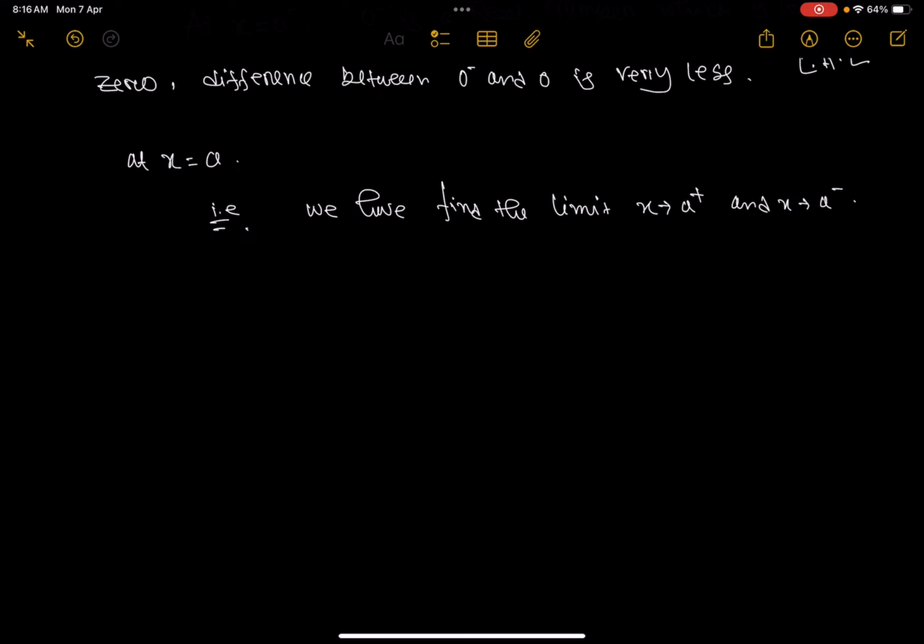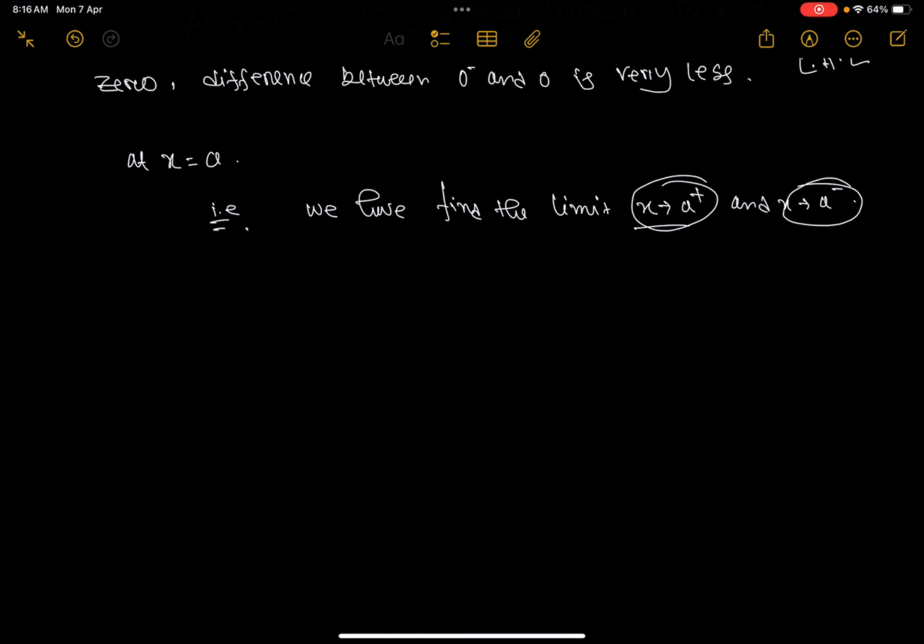This is x tends to A. This is not exactly A. It means x is not equal to A, but the value of x is some positive value, some negative value.